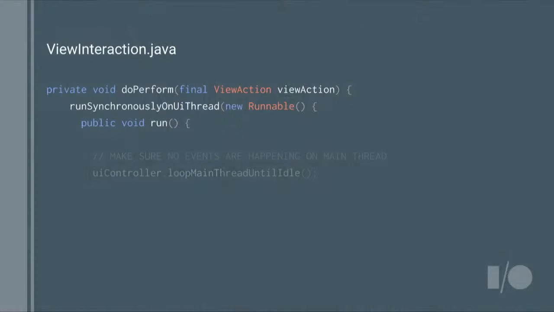So when I perform an action on the view interaction object, this method doPerform is called. And the first very important thing that happens is it starts running everything on the main thread. The test method that you write is actually on a different thread. If we want to work with views, work with the view hierarchy, we have to switch to the main thread first.